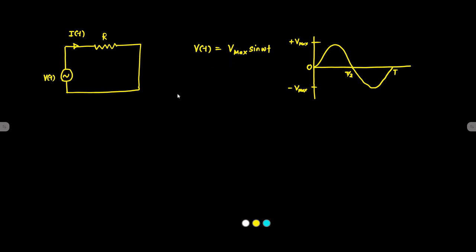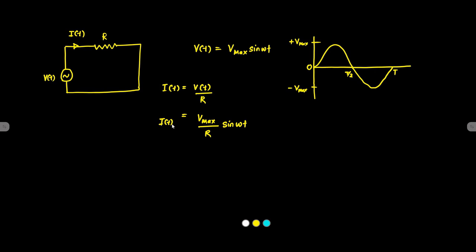Now the current will be equal to V(t) by R, which will be equal to V max by R sine omega t. This is the time varying current, the instantaneous current.